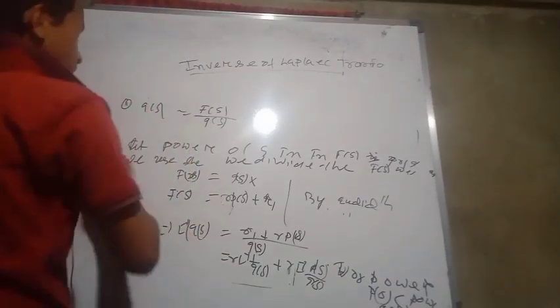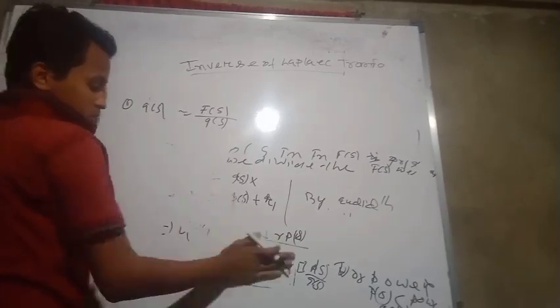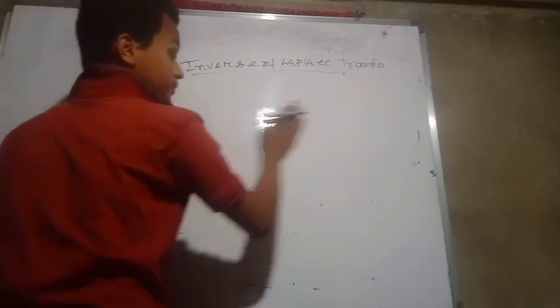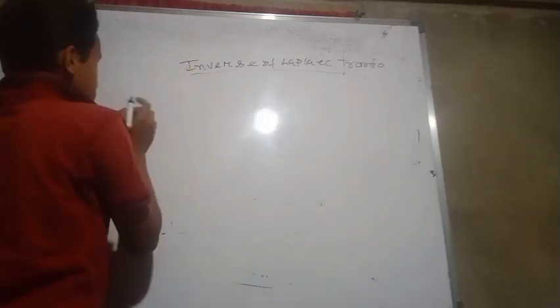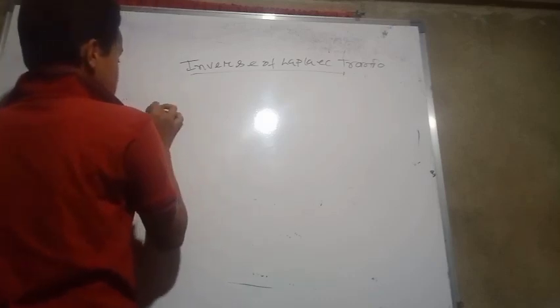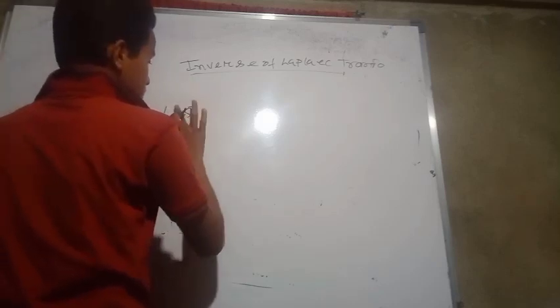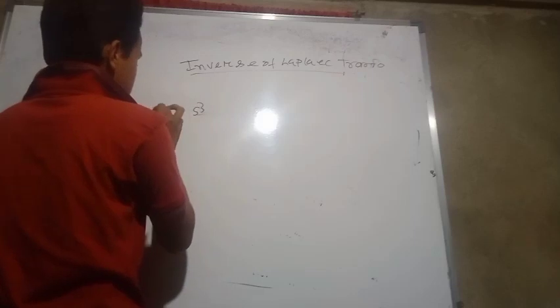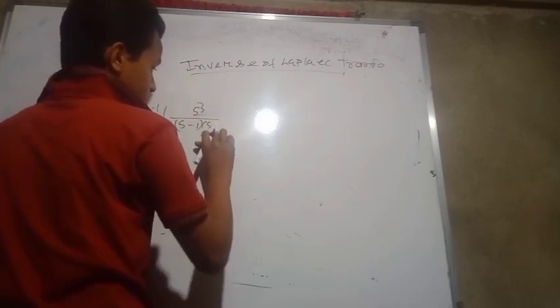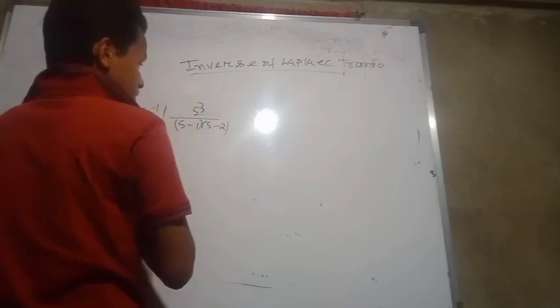So let's find out, write down the equation. Obviously g of s can be factorized here. So let's say our equation is the inverse of s cube upon s minus 1 and s minus 2.